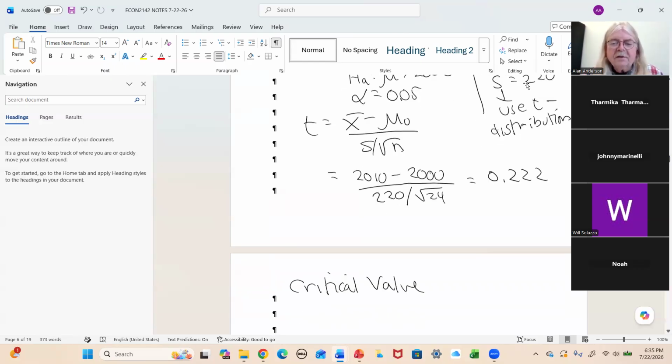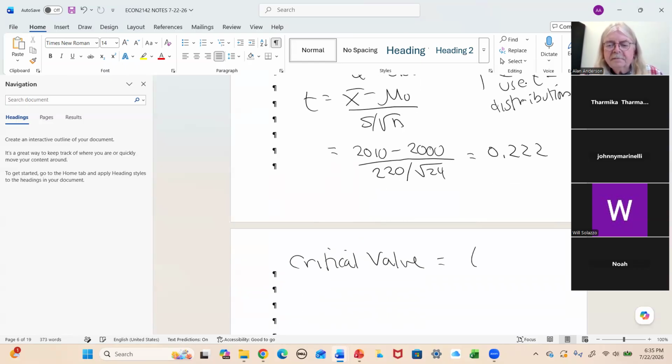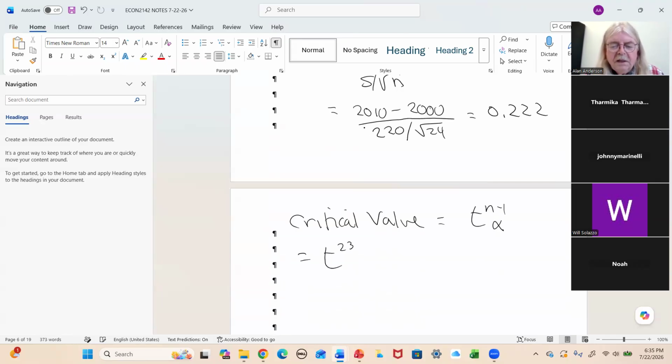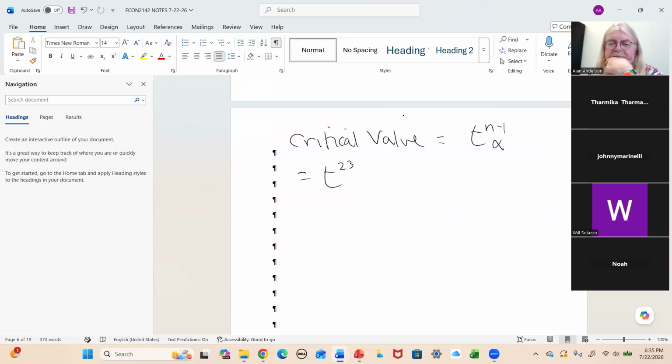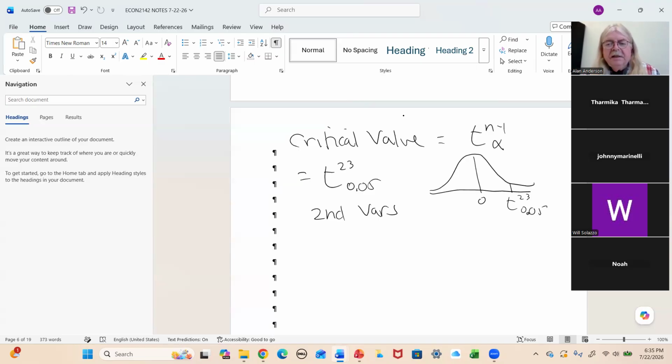So it is a right tail test, so the critical value is t. And again, we have a sample size of 24. Alpha is 0.05. Alpha is not sigma, alpha. Go to second vars, go for number 4 INVT.